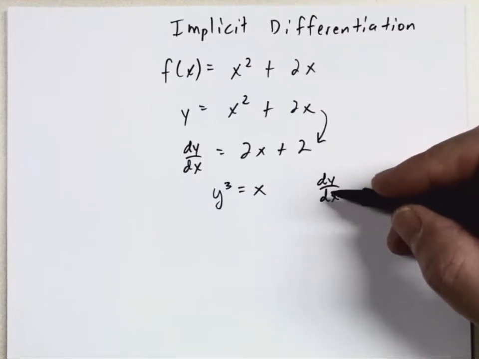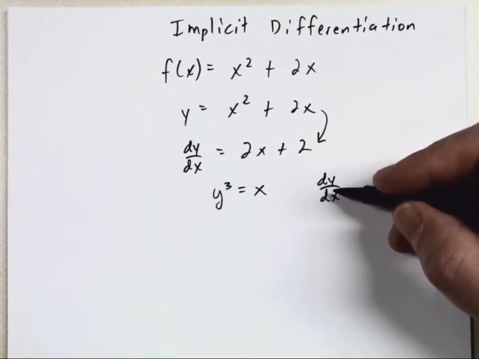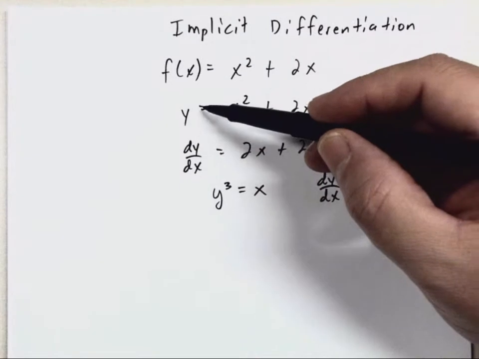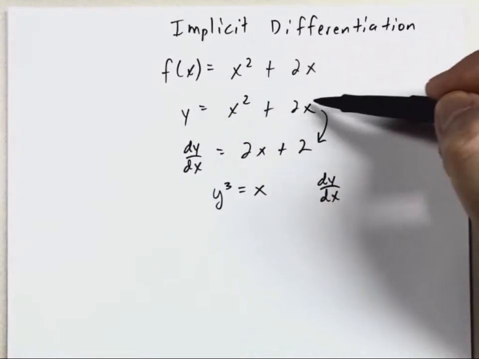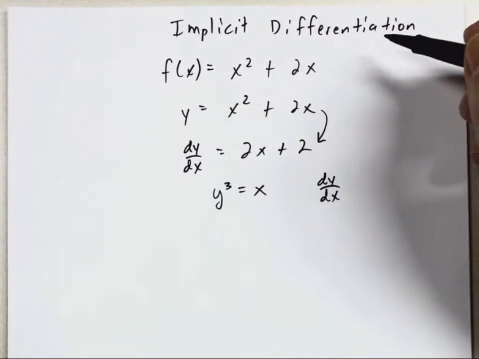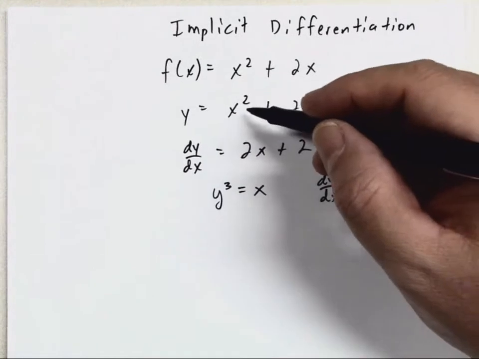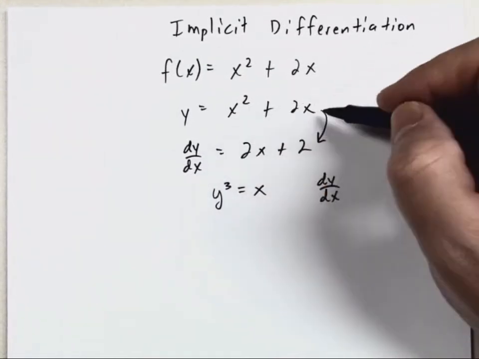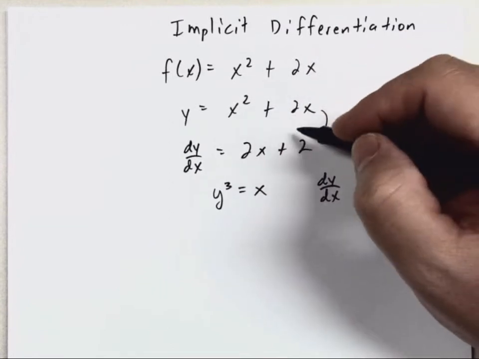Now, if you look back, every single problem that we've taken the derivative of has been y equals, and then you have a bunch of x's on the right-hand side. And we learned a lot of derivative rules to figure out the derivative of all the x's.